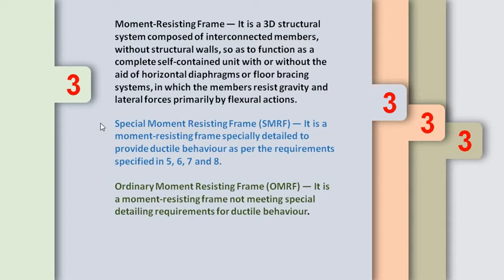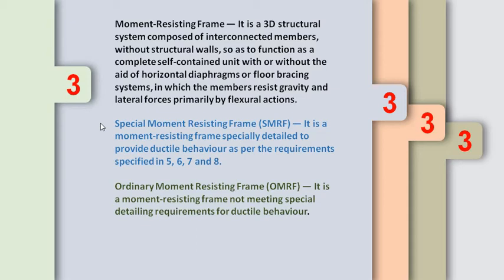On the other hand, an ordinary moment resisting frame is a moment resisting frame not meeting special detailing requirements for ductile behavior. Now, it is clear from this, if your structure is meeting the requirements of 13920, it is a SMRF, or if your frame is not meeting the requirements of 13920, it is OMRF only.